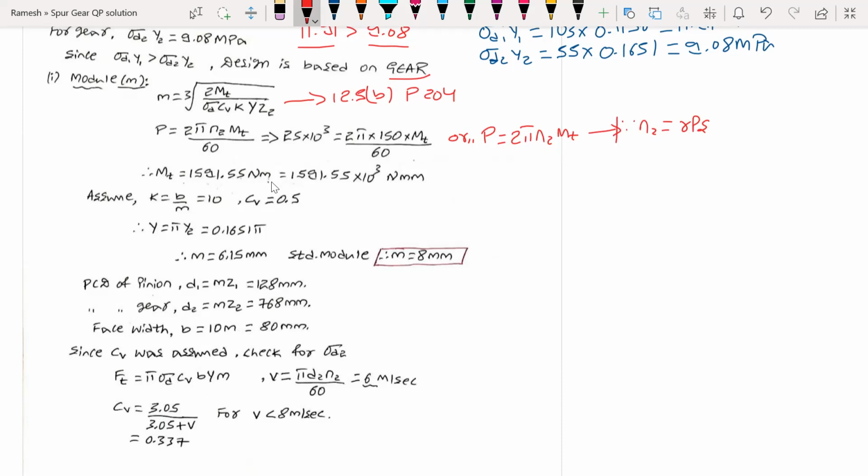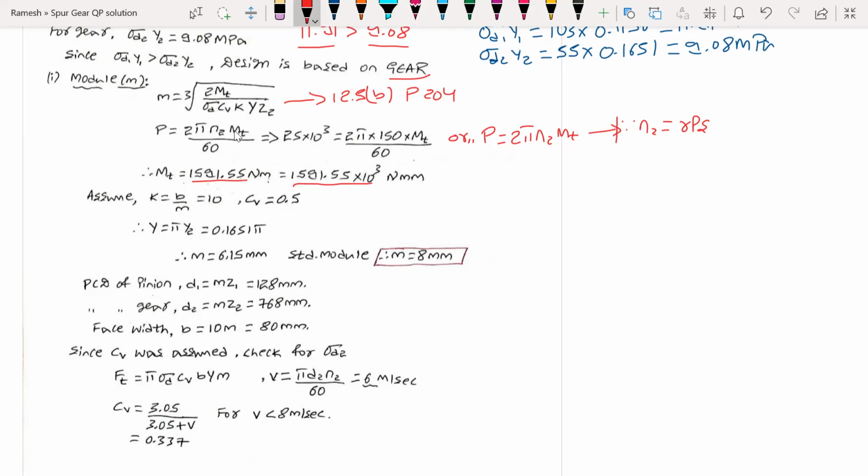Now after calculating, the MT we obtain is 191.55 Newton meter. The remaining values are in mm, so it is better to convert this into Newton mm. As we know, 1 meter is 10 raised to 3 mm, multiply by 10 raised to 3 and it will be converted into Newton mm.